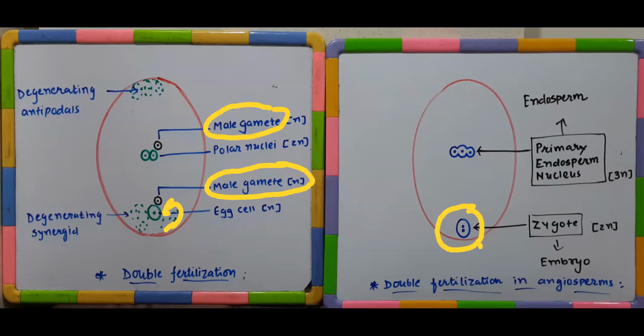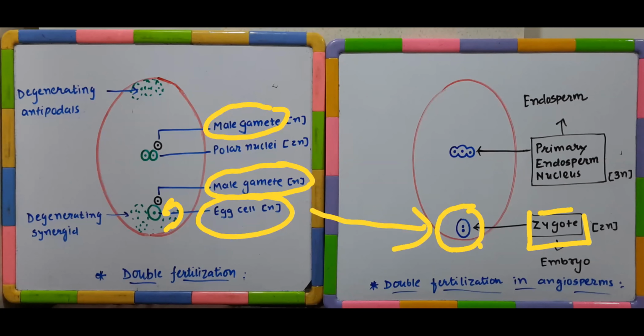Syngamy is the process called fertilization. Syngamy will result in the formation of the zygote, a diploid cell formed through the fusion of one haploid male gamete and the haploid egg cell, the female gamete.